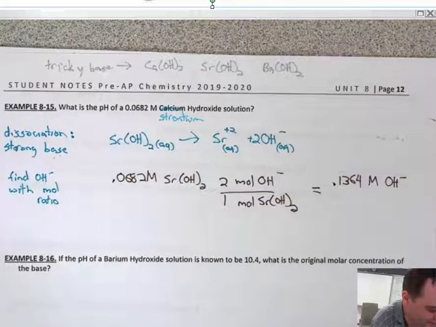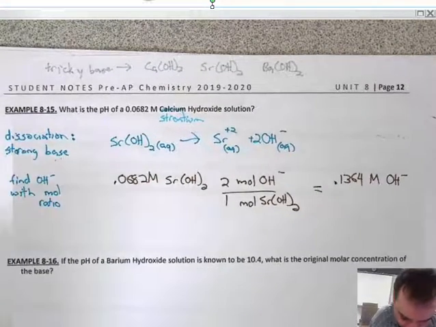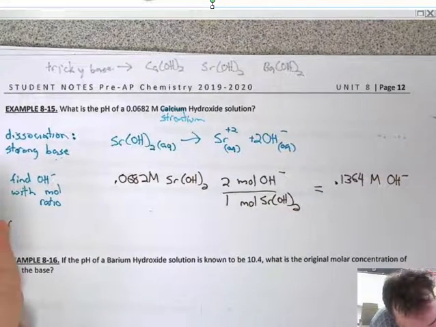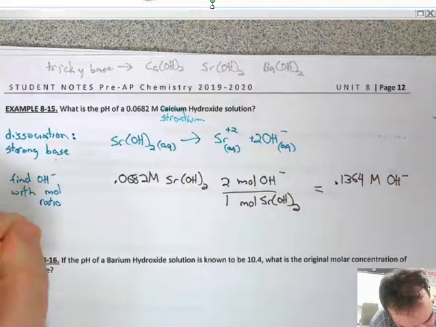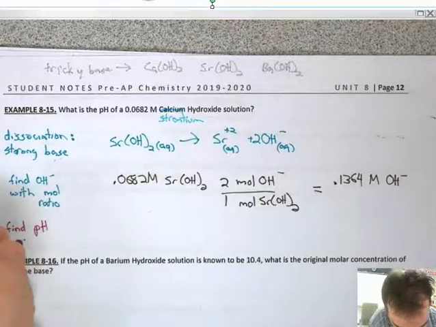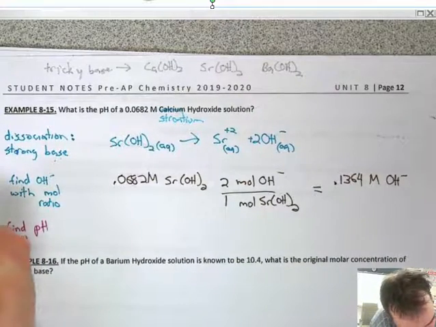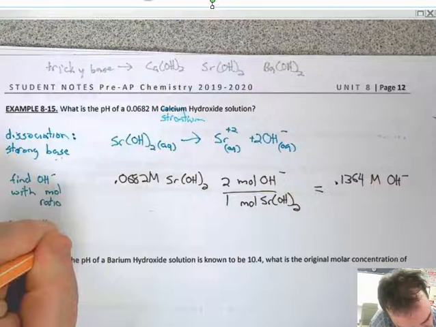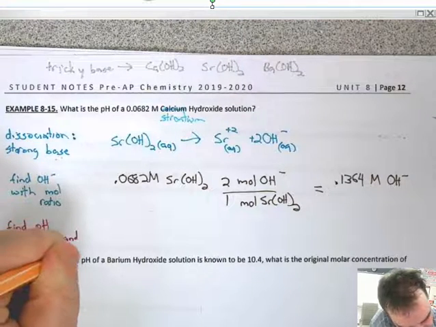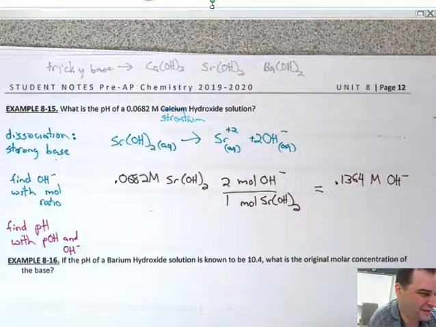And then finally here, find pH with POH and OH minus. Okay?